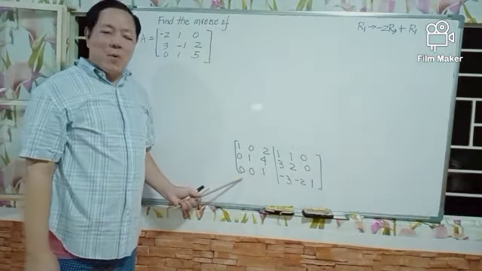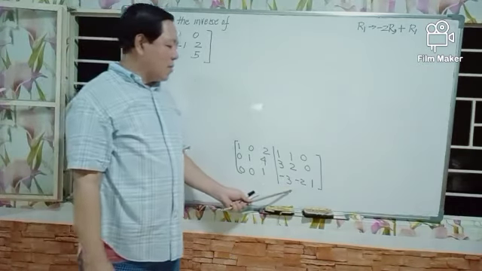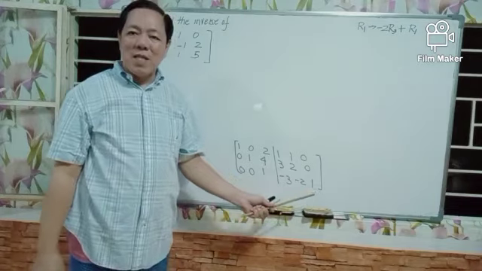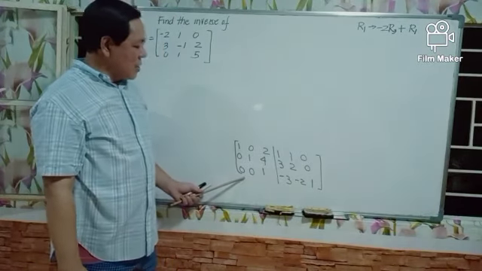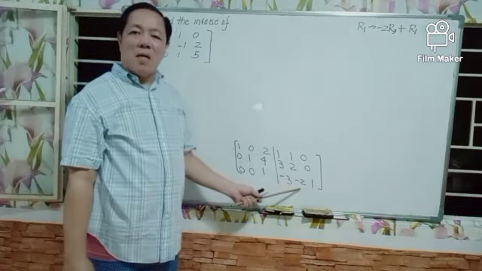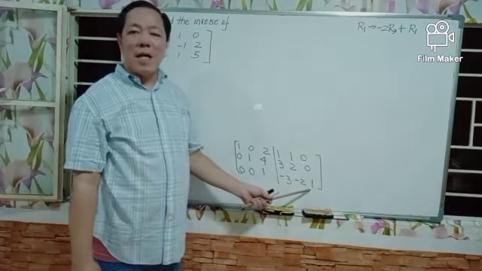These are the entries of row 3, 0, 0, 1, negative 3, negative 2, 1. We multiply them by negative 2. We should get 0, 0, negative 2, positive 6, positive 4, and negative 2.